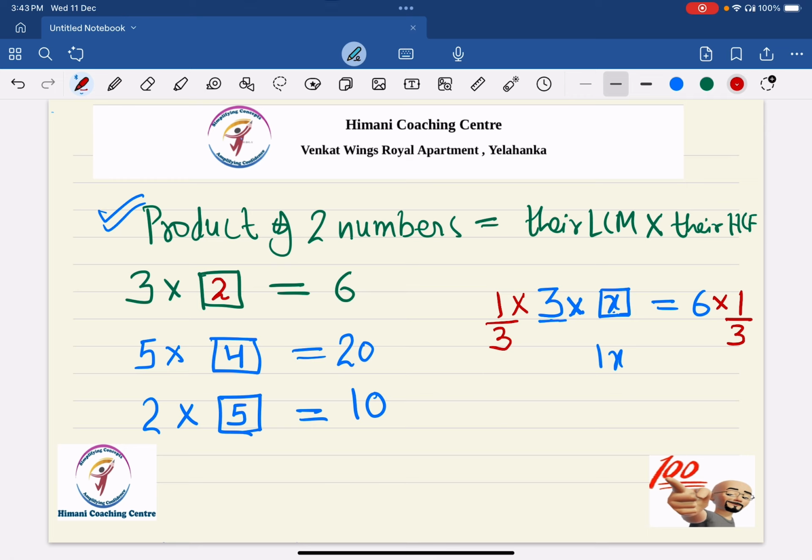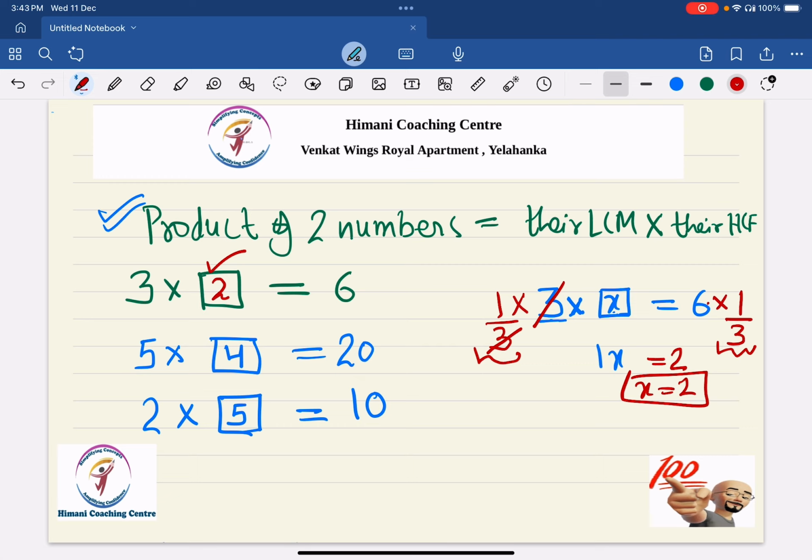That is what you have to remember. Whatever we are doing here, we have to do on the other side as well. Now what will happen? This 3 will divide 3 and we get 1x, and 6 divided by 3 gives us 2. So that means x equals 2. So we are getting the same answer, but learn this method.